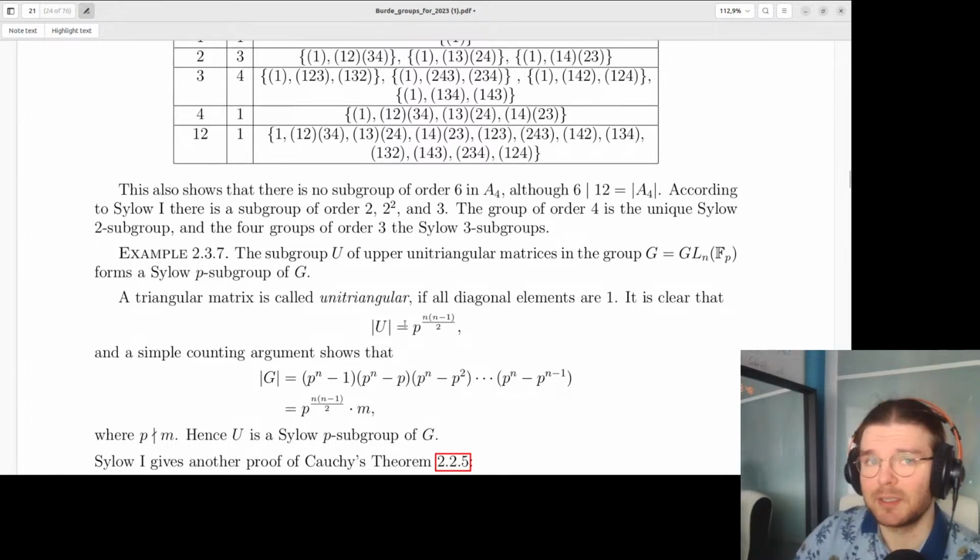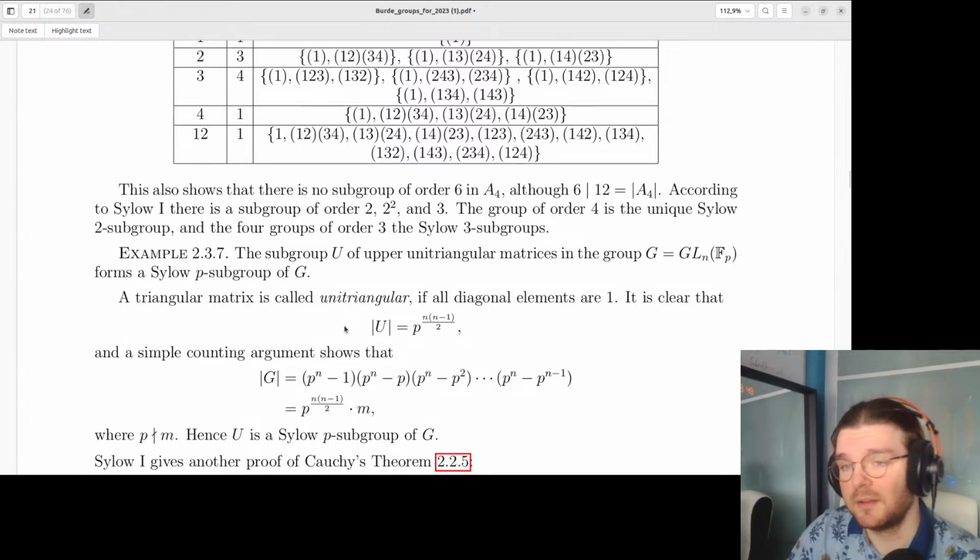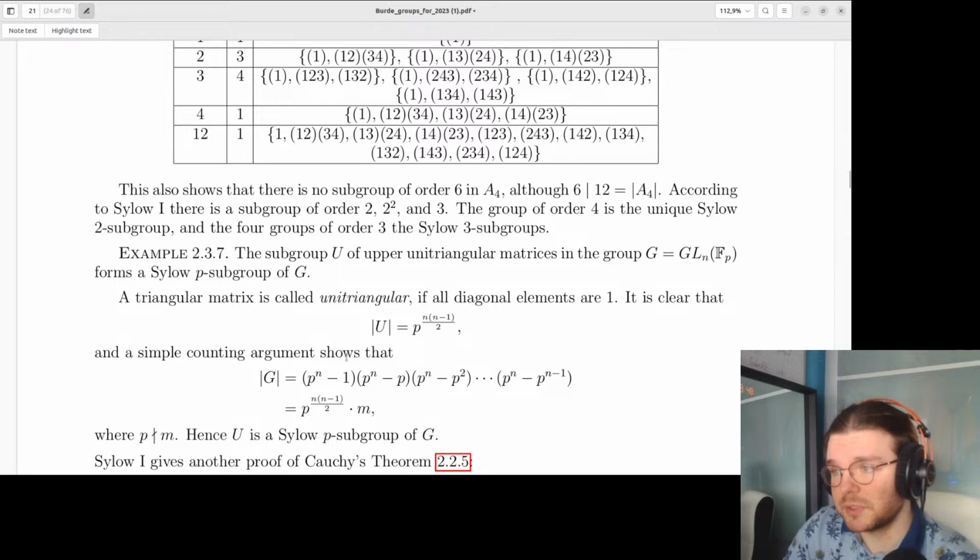So it's more like pp groups, but we call them p-groups. I think pp would be better, it would be funnier. The subgroup U of upper unitriangular matrices in the group G equals GL_n(F_p) forms a Sylow p-subgroup of G.